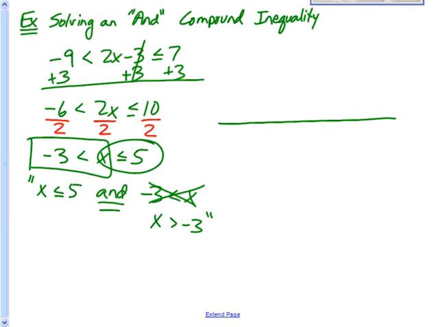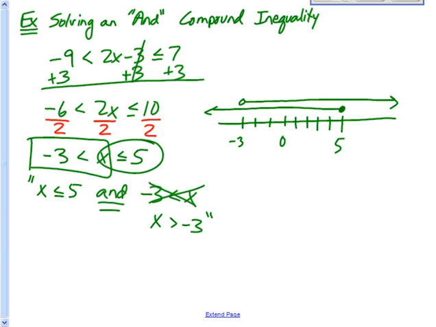If you think about that, this is an "and" compound inequality. Let's say I was to graph these separately: less than or equal to 5, and greater than negative 3. In mathematics, that's intersection.